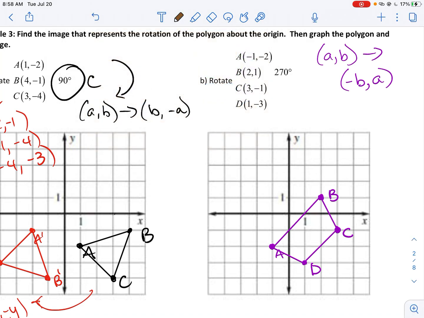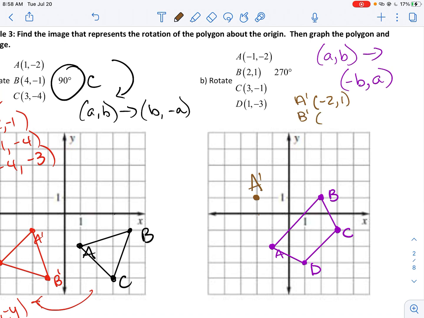I'll do brown. So my A prime is going to switch around and be that. So -2, 1. And that's going to be A prime.